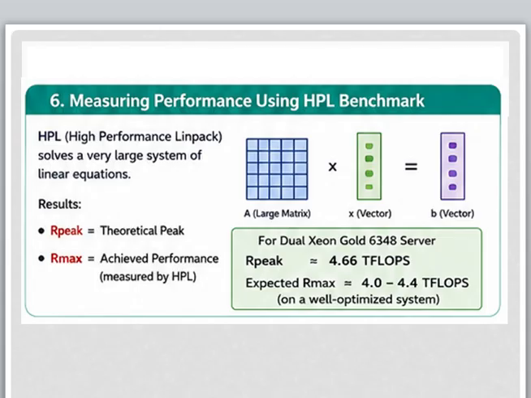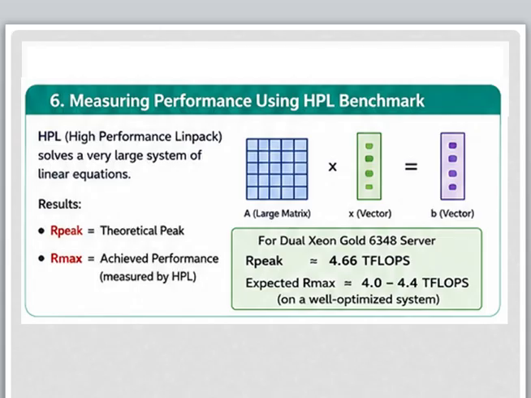Measuring performance using the HPL benchmark. The most popular benchmark is the High Performance LINPACK application, or HPL. It solves a very large system of linear equations. The benchmark measures how many floating point calculations your system can actually perform. The result is called R max, which is the achievable performance.